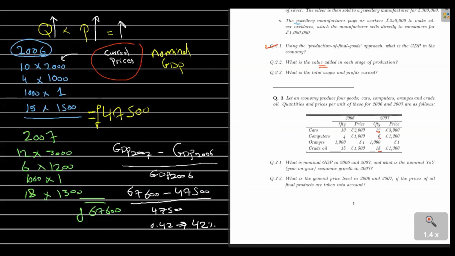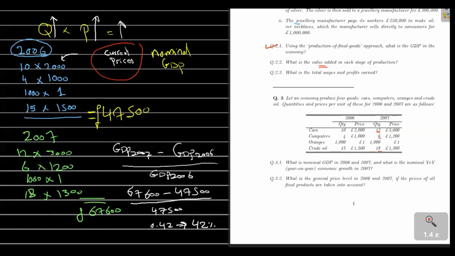In 2007, I used the quantities from 2007 and the prices from 2007. But now, because I really want to know how much real output has changed, I need to exclude the effect of prices. So you need something called the base year. I need to fix the prices according to that base year. So let's say that our base year will be 2006, okay?